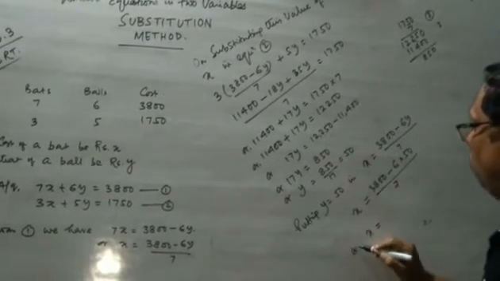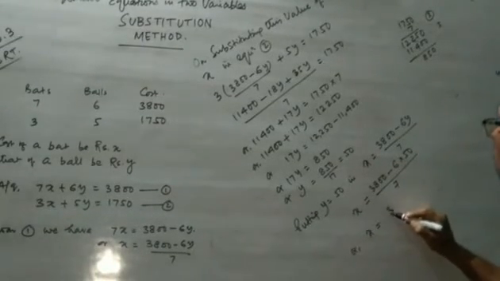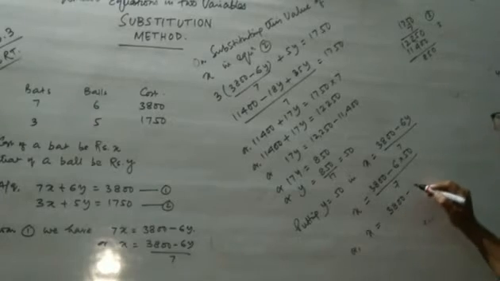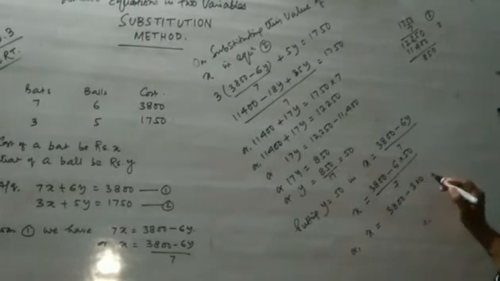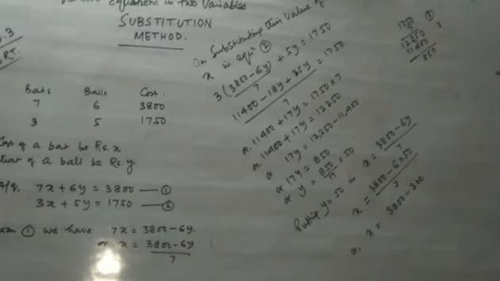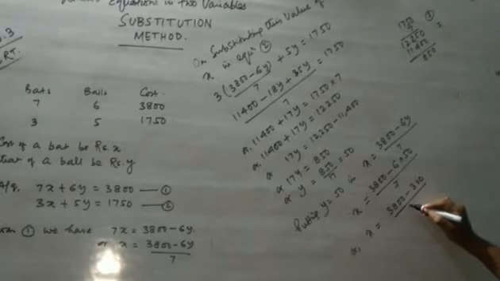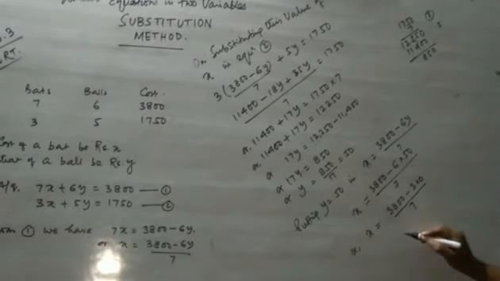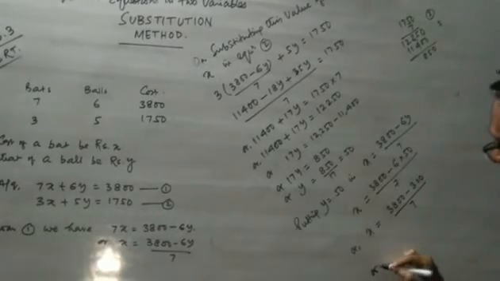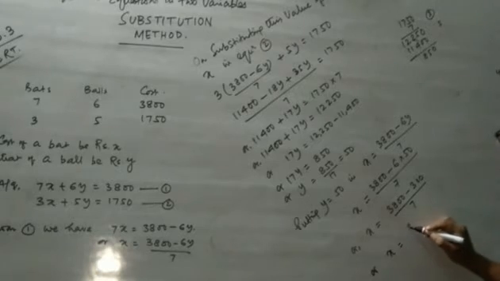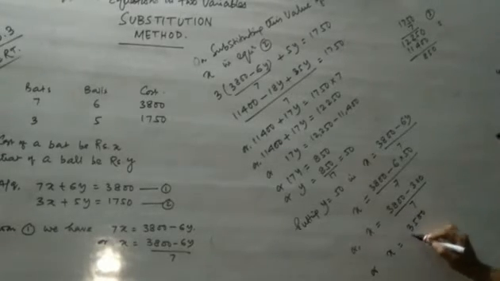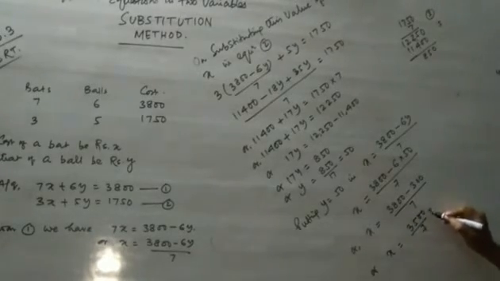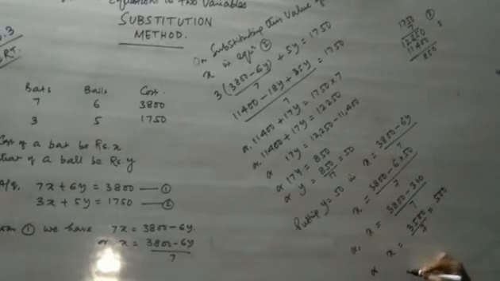X equals 3800 minus 300 by 7. So x equals 3500 by 7, that is 500.